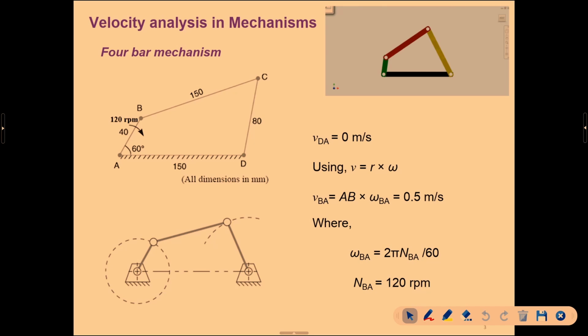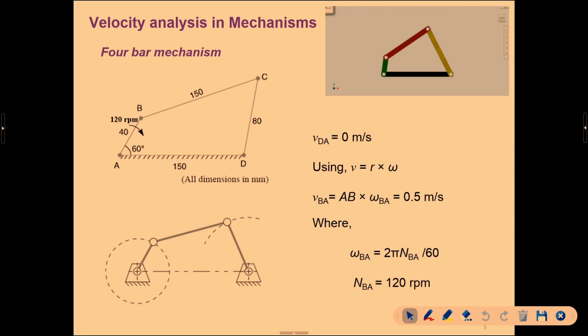As you can see in this figure, the point B makes a complete 360-degree rotation and traces a circular path. This is given for your better understanding, whereas the point C makes an arc that translates to and fro, so that both the links BC and CD will oscillate.